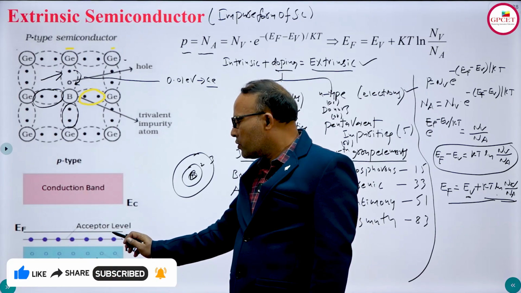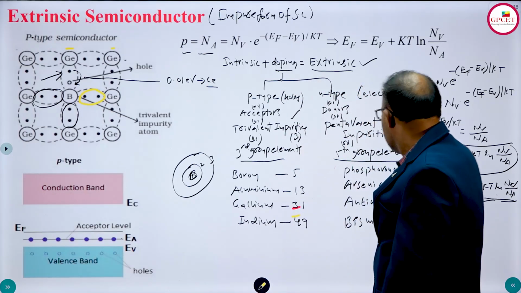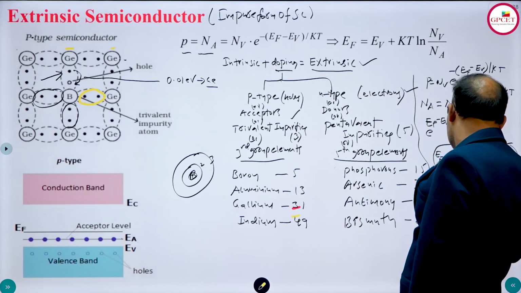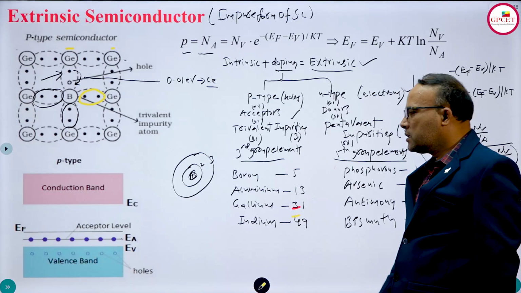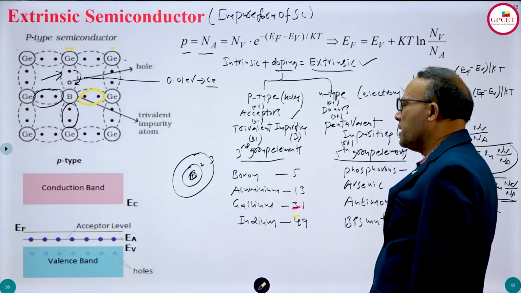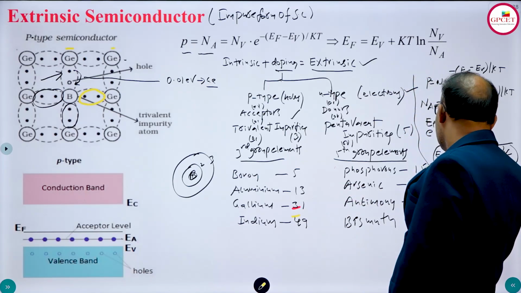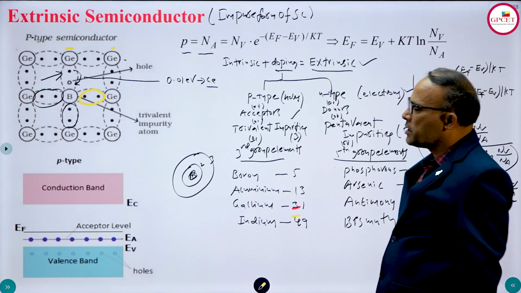So holes are present very near to the valence band. So you have this formula, Ef equal to Ev plus KT Ln Nv by Na. These are the derivations and equations for the p-type semiconductor.